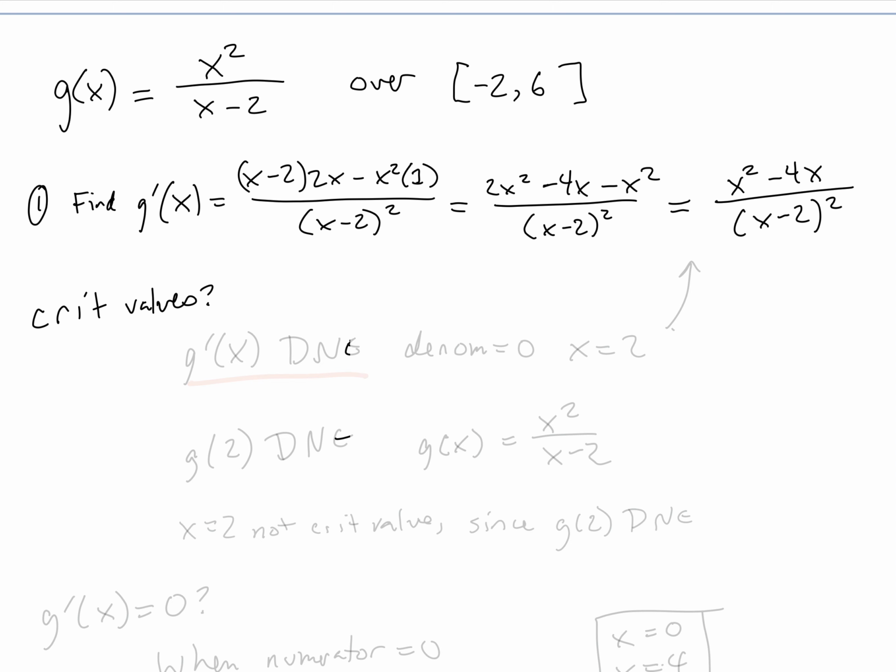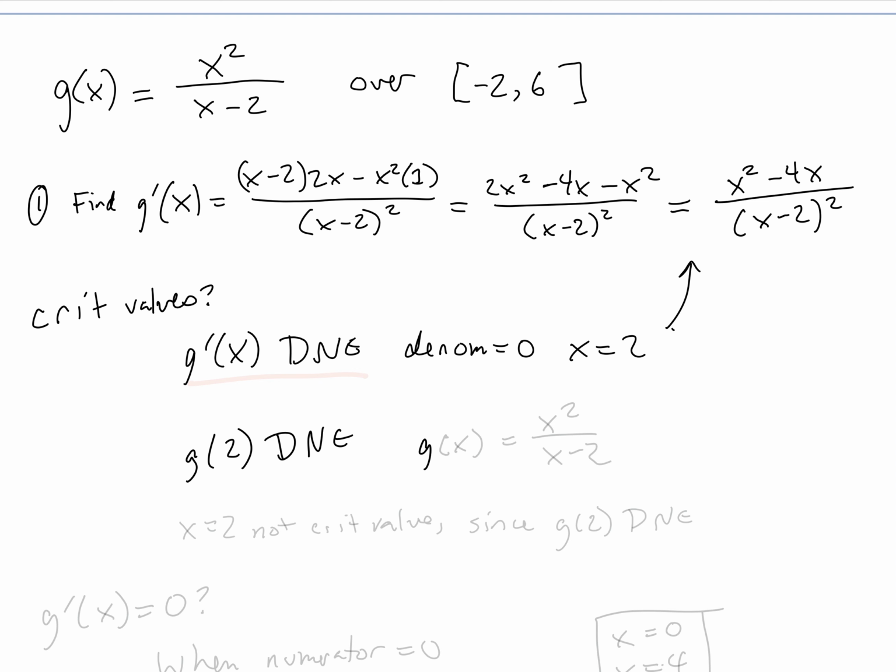So we could first look at places where g prime of x does not exist, where the derivative is undefined. And that will occur when the denominator equals 0. So that will occur when x is equal to 2. But is this actually a critical value? Observe that g of 2 also does not exist.